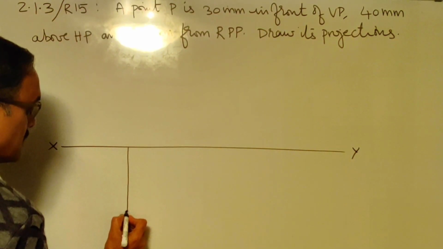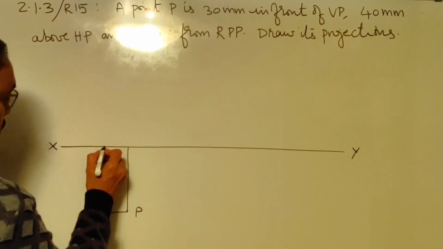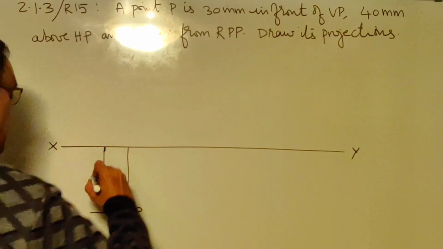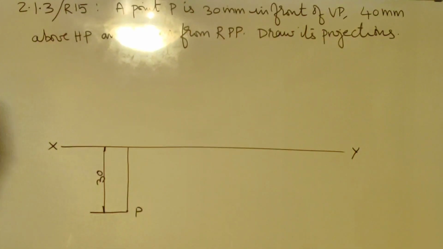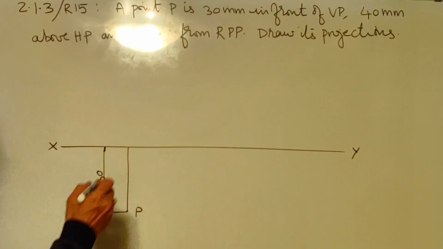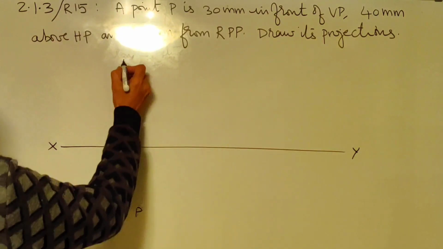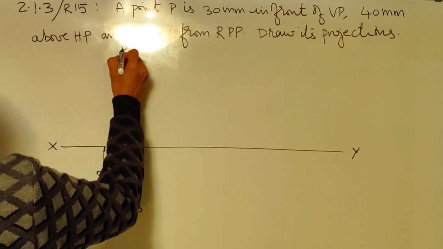So this distance is 30. This should be top view. Let me represent this distance 30 mm. 30 mm in front of VP. So I must represent the top view below XY. And also it is 40 mm above HP. The same projector I should continue and take the distance 40 now. This should be front view. This is P dash.